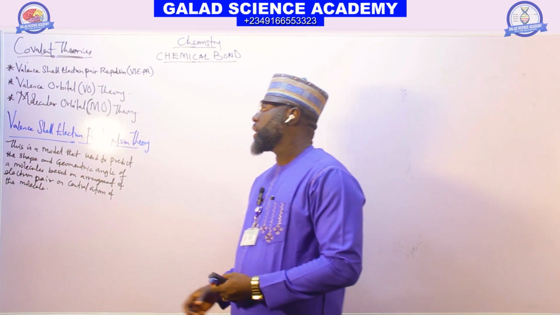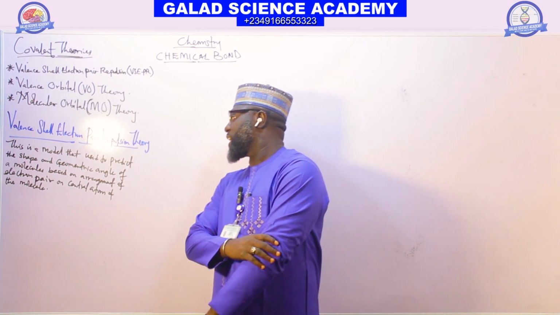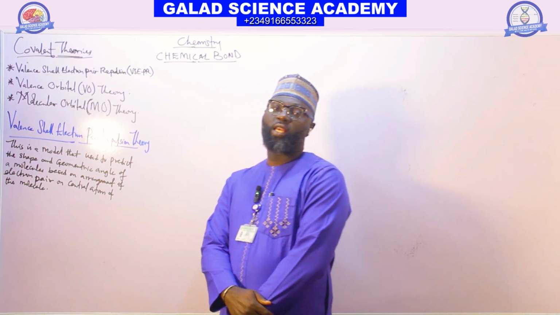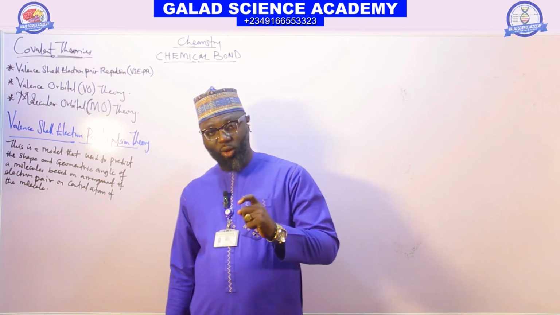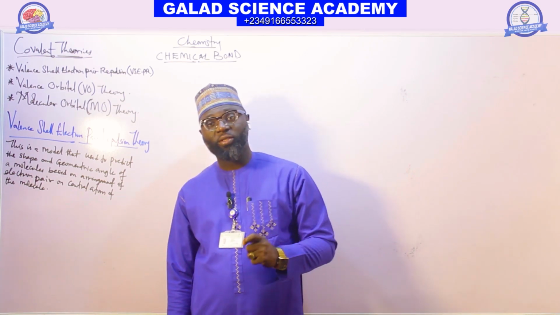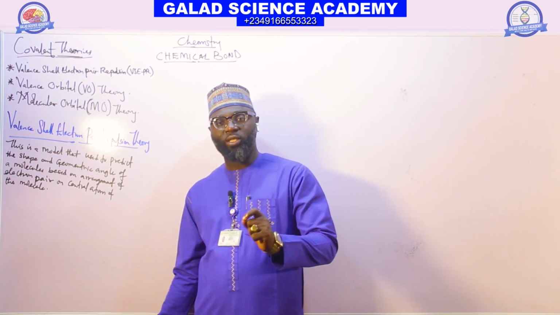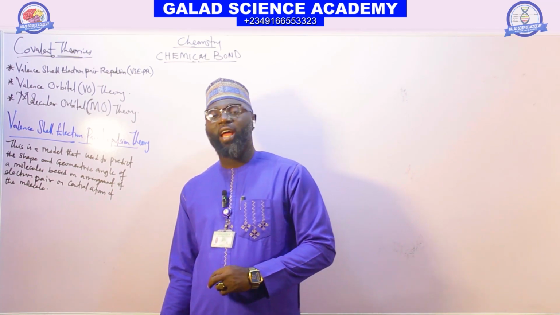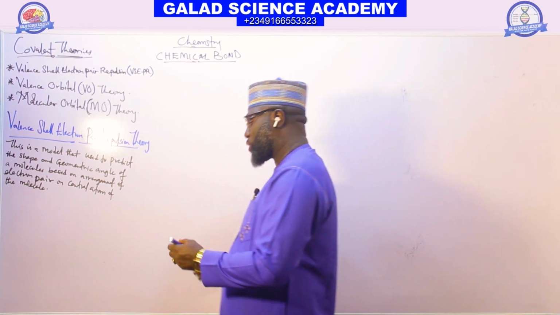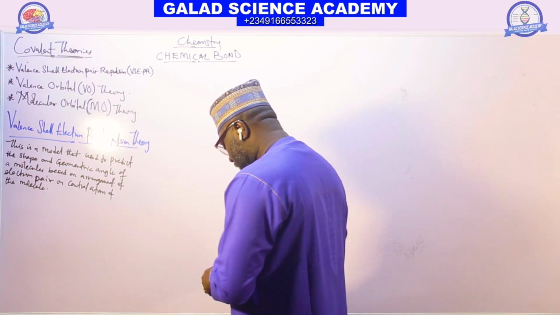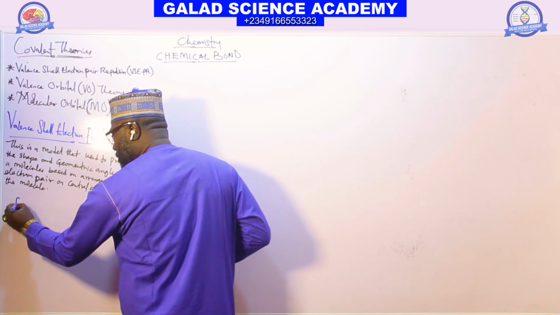VSEPR, Valence Shell Electron Pair Repulsion theory, is a model that we use to predict the shape and geometric angle of a molecule based on the arrangement of electron pairs. If you are talking of electron pair here, do you know the meaning?